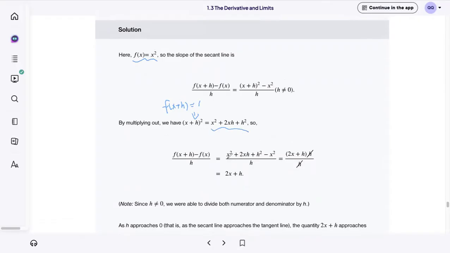We can expand to get this. Then we subtract f of x, so x squared minus x squared is gone. We have 2xh plus h squared divided by h. We can factor out the common factor of h, then cancel out. So we're left with 2x plus h. So that's going through the difference quotient.